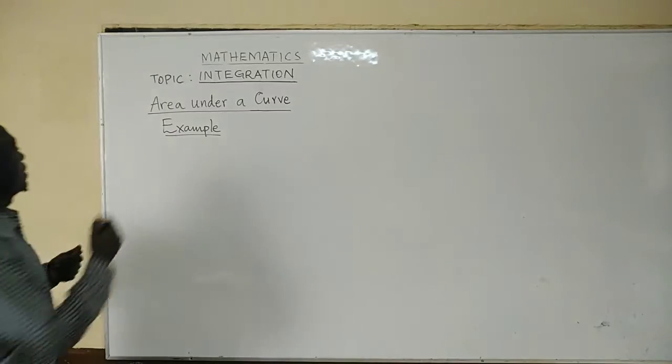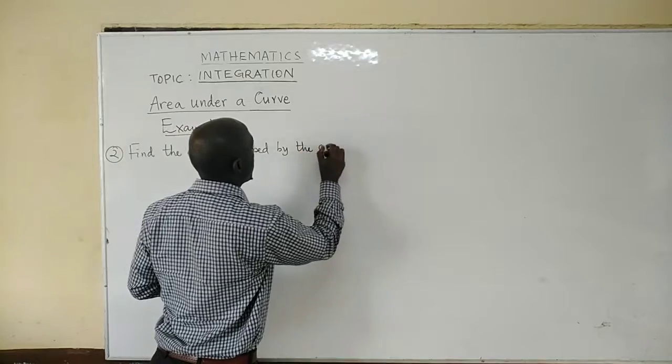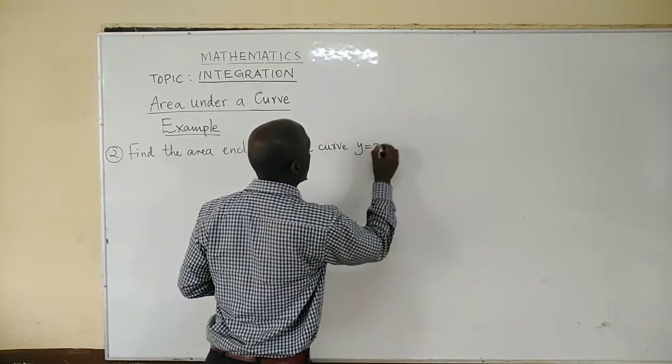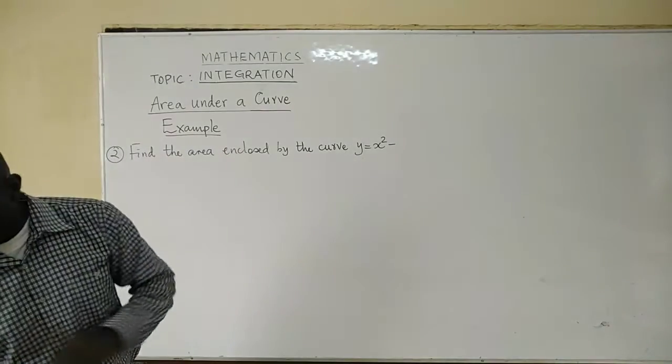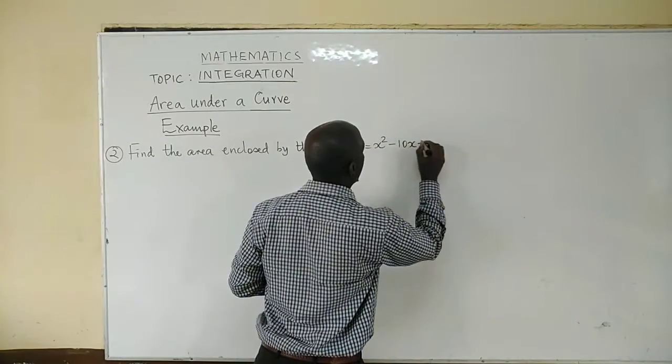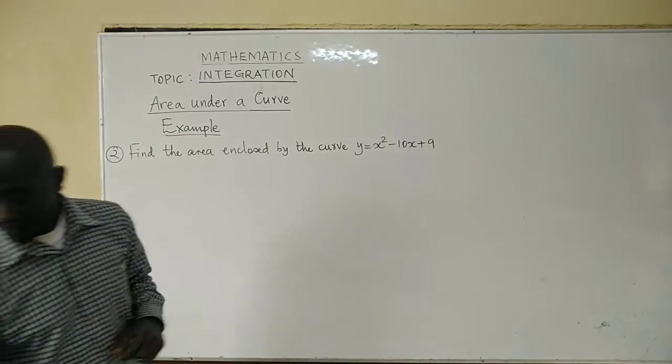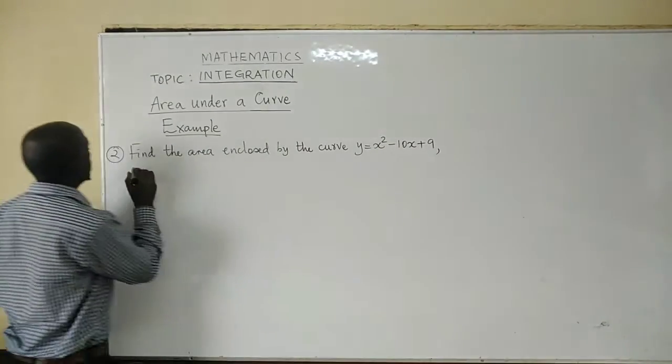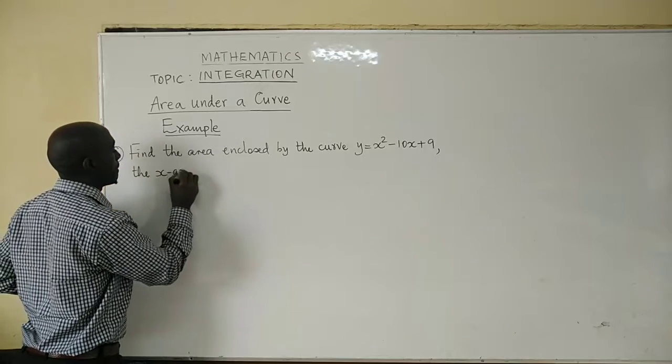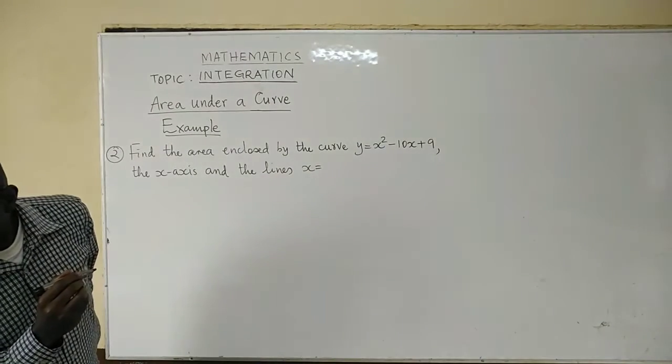Find the area enclosed by the curve y is equal to x squared minus 10x plus 9, the x-axis and the lines x is equal to 4 and x is equal to 10.